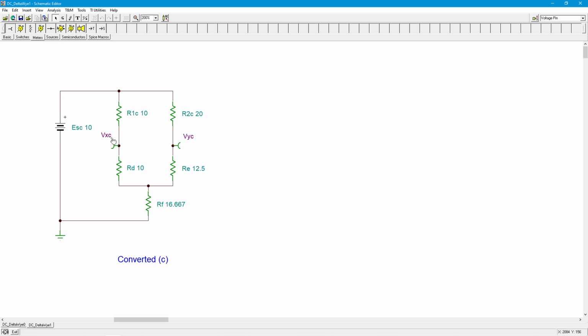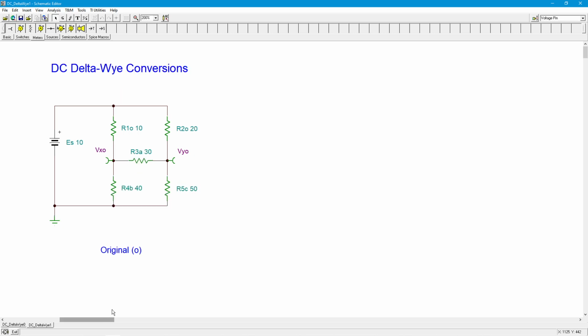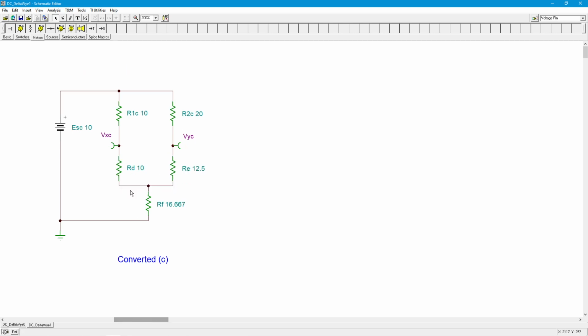Now I've denoted this with a C on here to indicate this is the converted version versus an O in the original version, right? And basically, if this is correct, then when I do a simulation on here, I should get the same voltages for Vx and Vyo, the original, as I do for Vx and Vyc, the converted, all right?